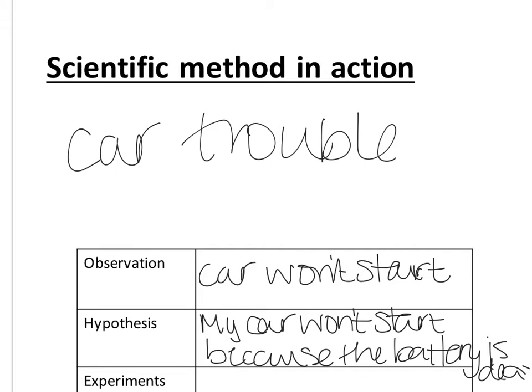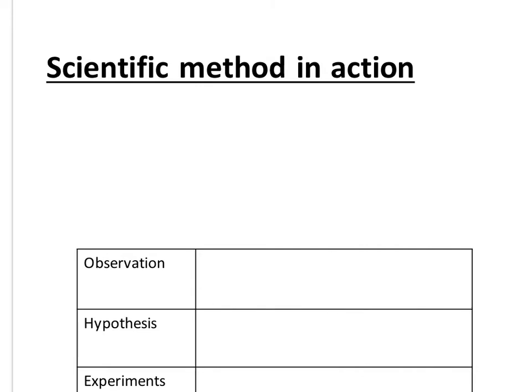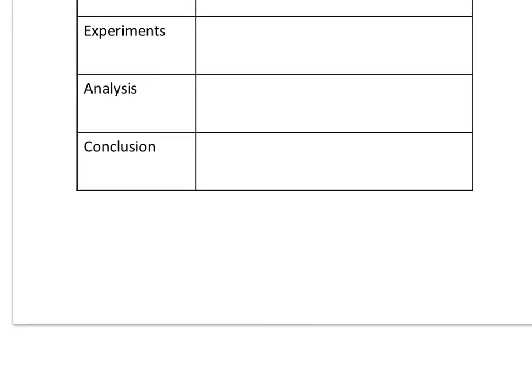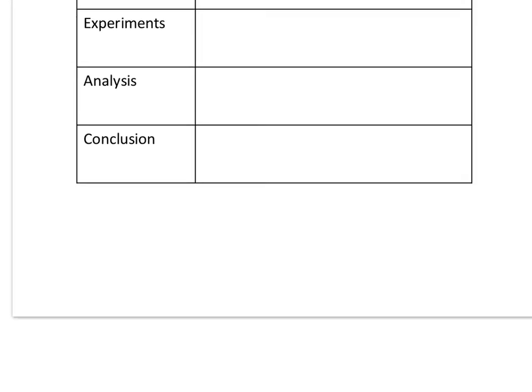Okay, so what are we going to do to either help us confirm or help us negate our actual hypothesis? Usually what we would do, or at least what I would do, is I would call somebody who can come over. I would get my jumper cables out of my car and I would have them try to jump start my car.